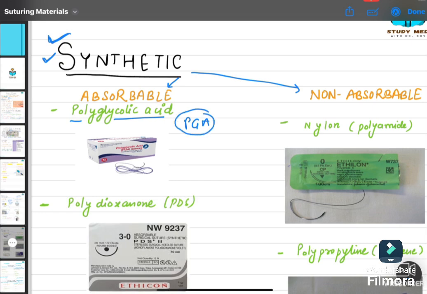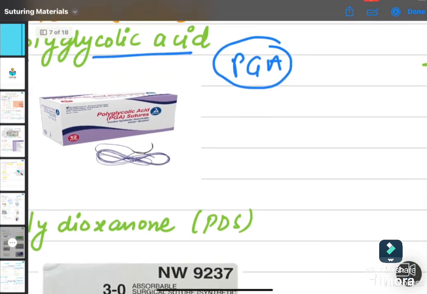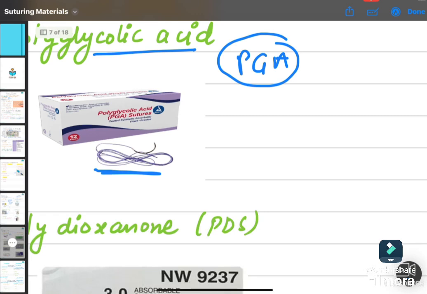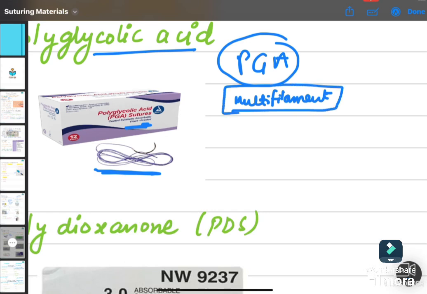You can see the diagram. This is the color of this suture material. These are the details. It is braided like this. I have already told you, braided means it's multifilament. All the filaments are very tight together. This is called braiding.